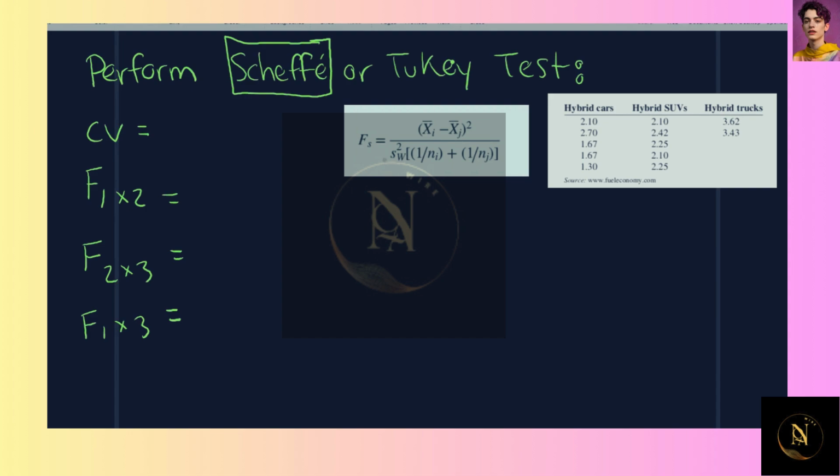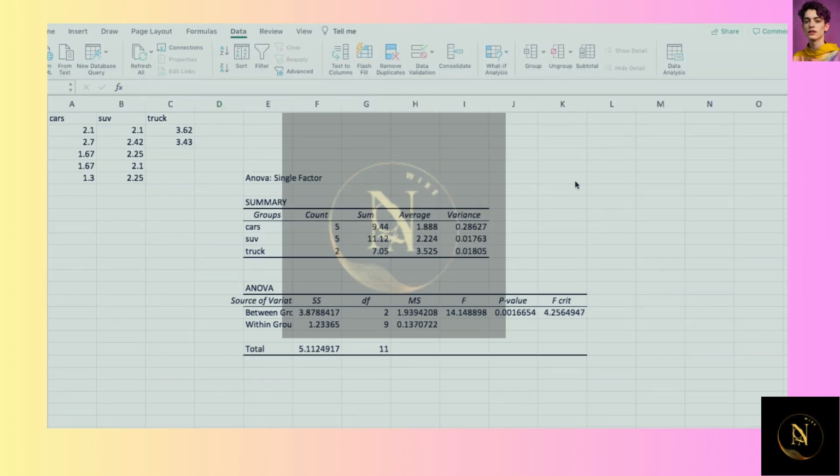So let's go ahead to the Excel spreadsheet where I have the raw data entered. I have entered the data and performed an ANOVA because in the example we're given, we are told that there's already a significant difference, so I just went ahead and did the ANOVA test.